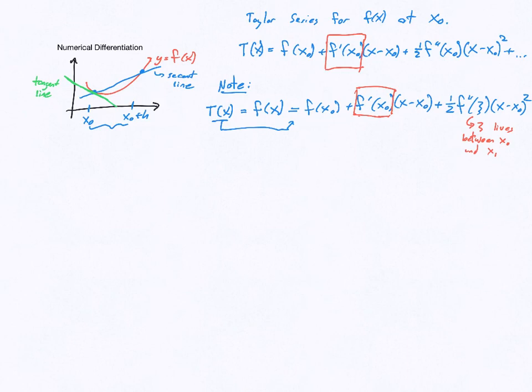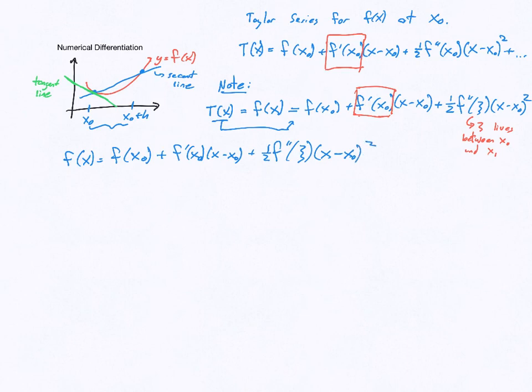That's why I didn't put parentheses, because I didn't know exactly which one was largest. So let's go ahead and write this out, the next step. So now we have that f of x is going to be equal to f of x naught plus f prime of x naught times x minus x naught plus 1/2 f double prime of psi times x minus x naught squared.